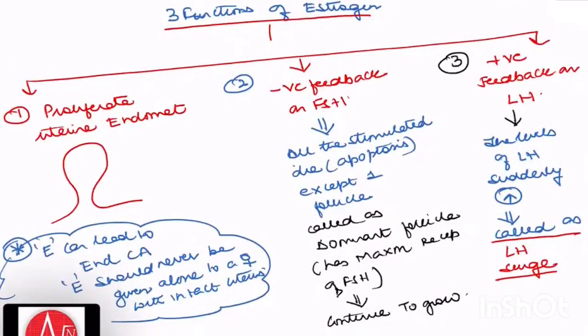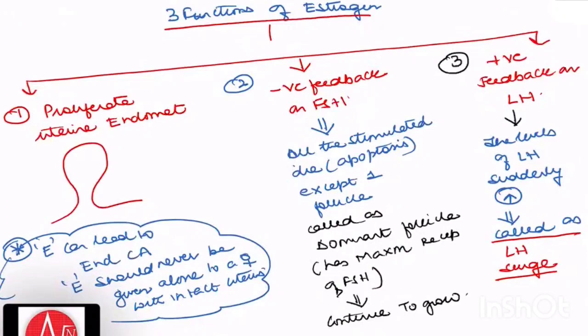So till here I have told you three functions of estrogen. Estrogen was proliferating the uterine endometrium. Estrogen had a negative feedback on FSH, and estrogen had a positive feedback on LH. So on one side in the ovary, because estrogen had a negative feedback on FSH, all follicles had died, just one follicle was remaining.